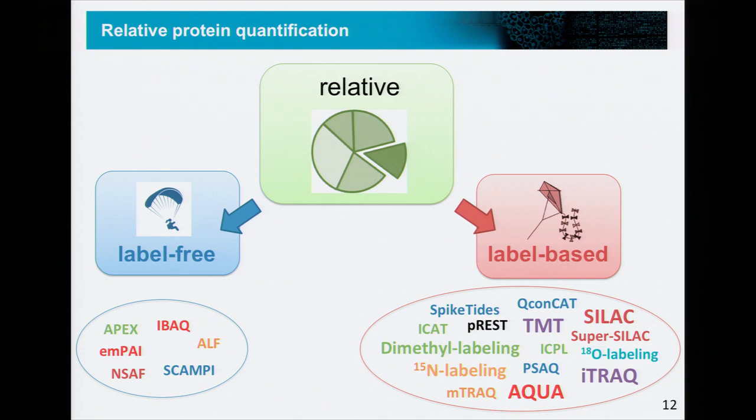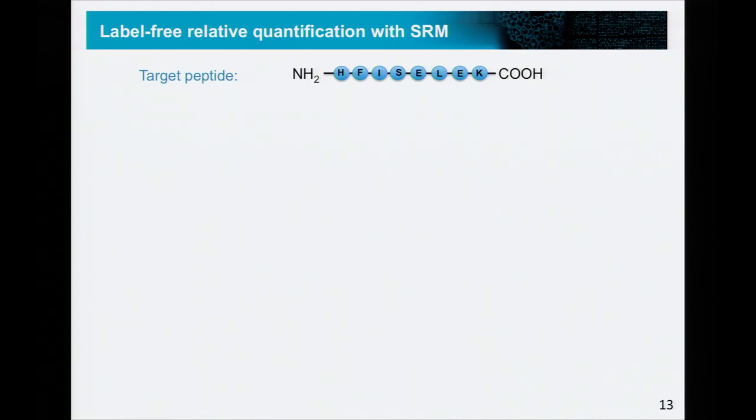All those relative protein quantification approaches that I showed on this overview slide can be further categorized into approaches that work label-free and the approaches that work label-based. And in order to make the difference between the 2 very clear to everybody, I would like to have again a look at a specific example.